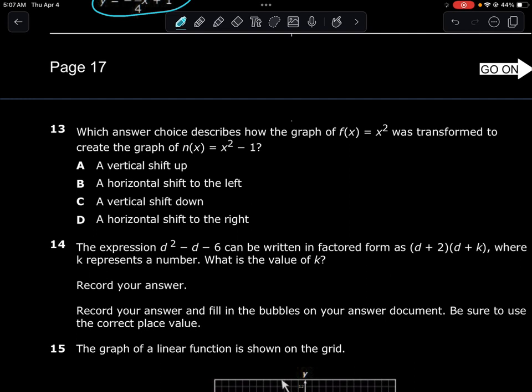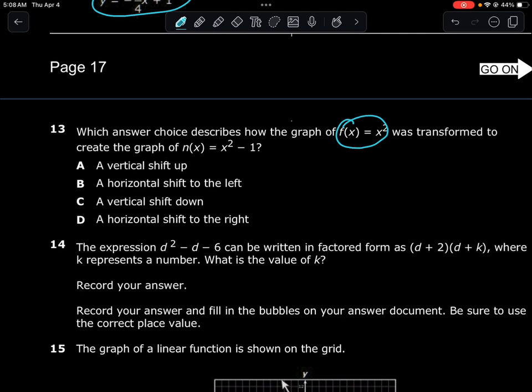13. Which answer choice described how the graph f of x is equal to x squared was transformed to create the graph x squared minus 1? Now here I can use a graphing calculator, but I should also be able to do it without it. Okay, so what's the key word here?